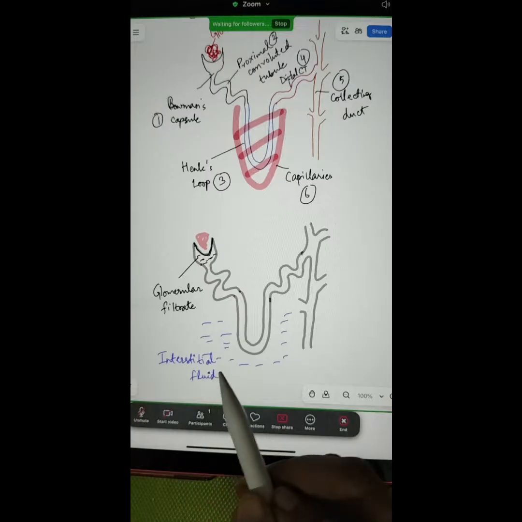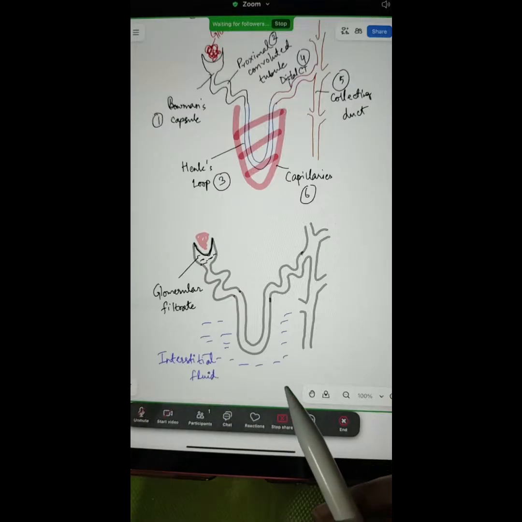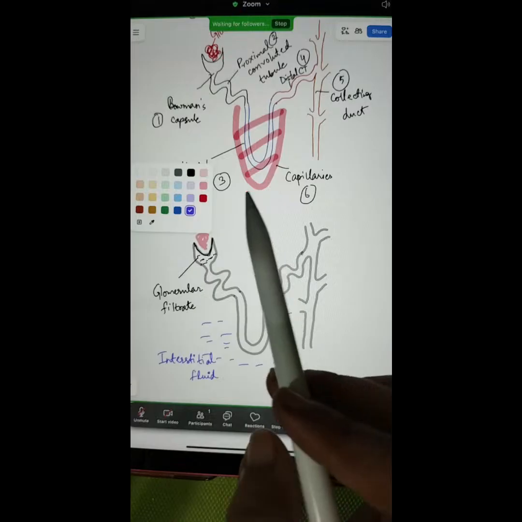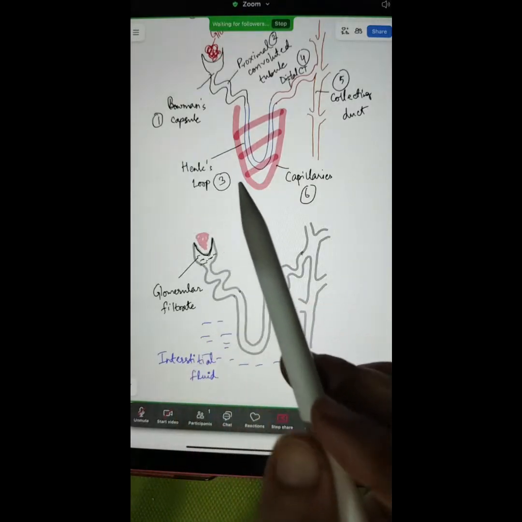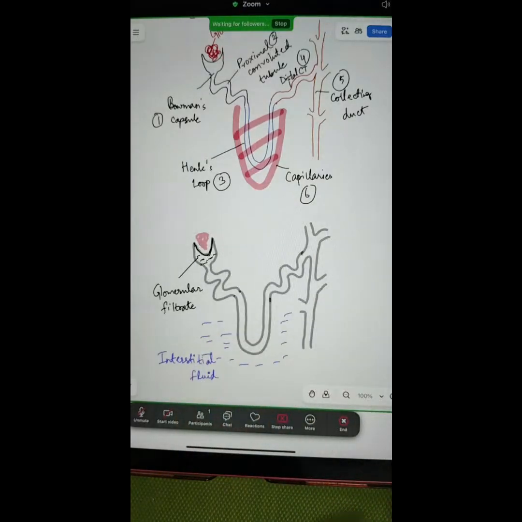This is very important because NCERT has written in a random manner where the excretion system is not clear to a class 10 child. So for better understanding, you should learn one, two parts extra in excretion: that the nephron has a surrounding fluid which is interstitial fluid.